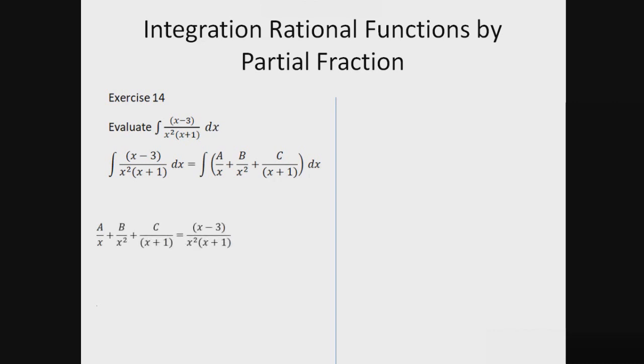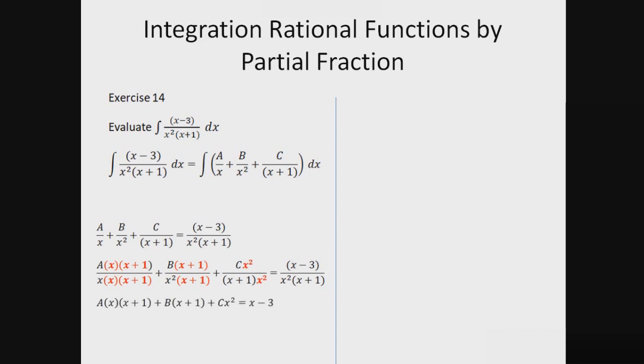Okay, and then we get like this. And we take out all the numerators, then equate the left hand side to the right hand side, and then expand it. We get ax squared plus ax plus bx plus b plus cx squared is equal to x minus 3. And then we separate it into the coefficients, where we have x squared, x, and the constant.